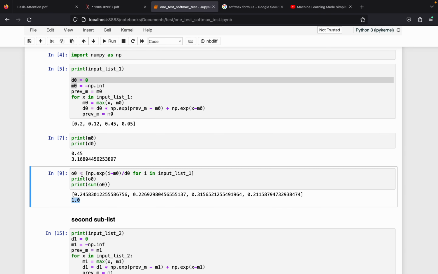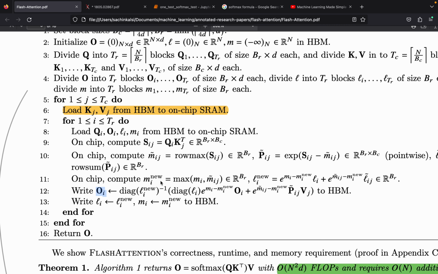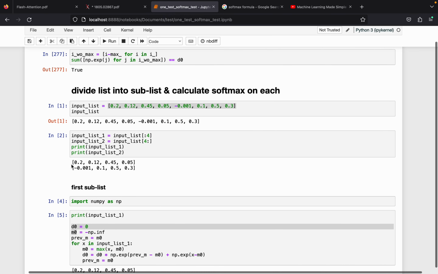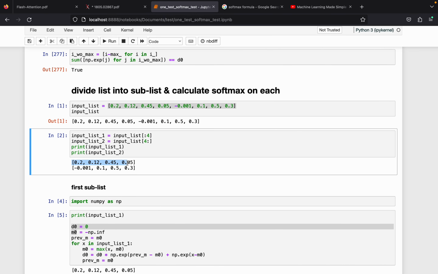In this case I'm also having O, that means I'm calculating the softmax, but what they're doing is, we have the scale down operations and Q into K, all those steps, plus the softmax, and all they're doing is storing it in O block by block. Here I'm also doing it block by block, but not at a matrix level, but at a vector level.